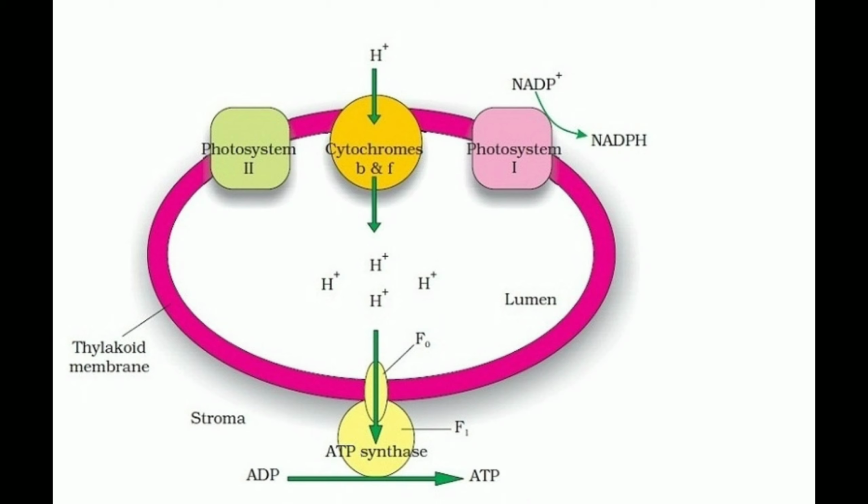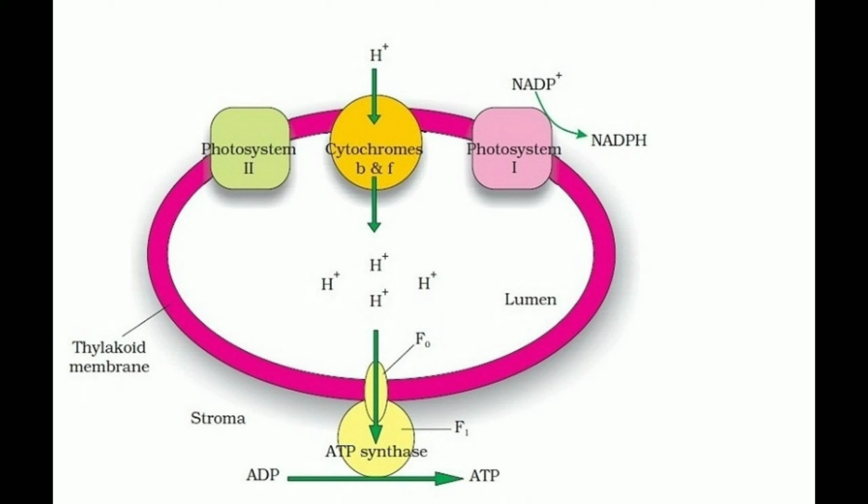One more important point to note here is the cytochrome. Cytochrome is not only an electron acceptor but mainly an electron transporter, where it transports the electrons from photosystem 2 to photosystem 1, and it also accepts electrons from the stroma.